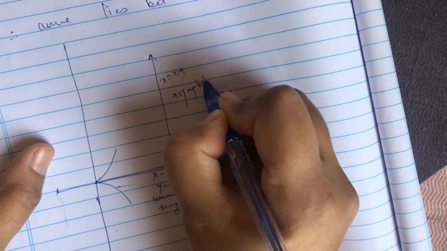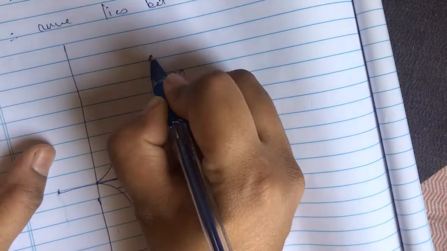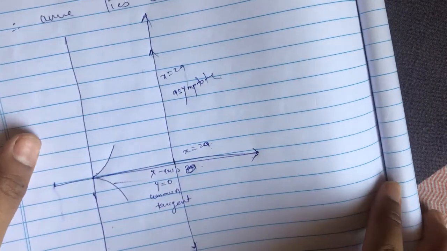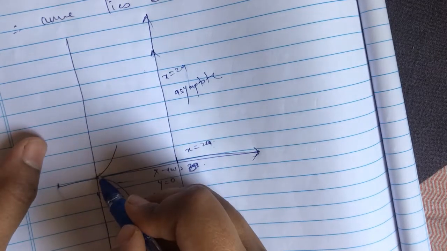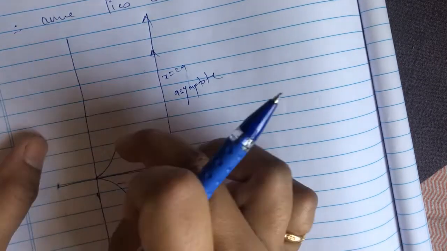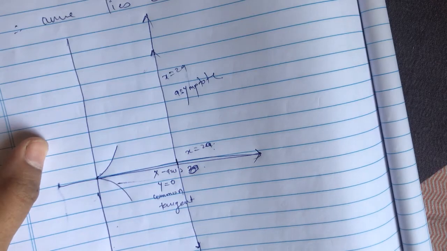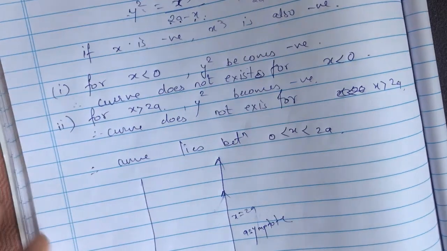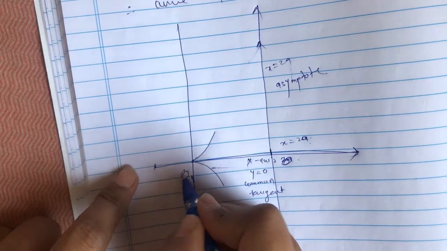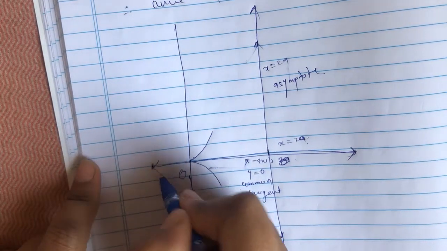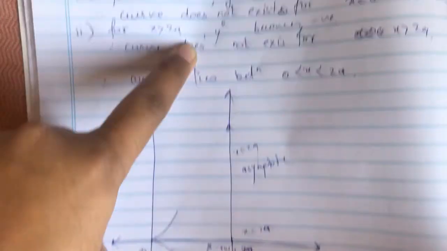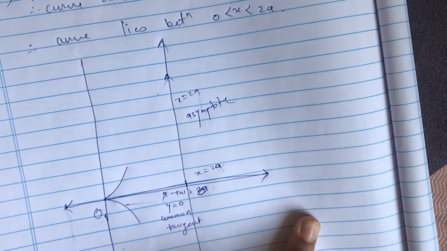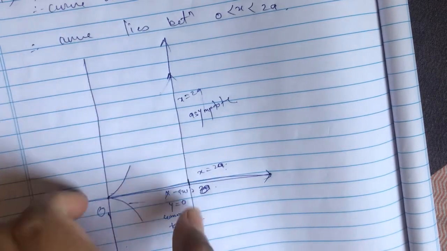This will be the tangent when it goes to infinity. Now again, region of absence: for x less than 0, before origin there will be no curve, and for x greater than 2a, after this line there will be no curve. So curve lies only between 0 to 2a.